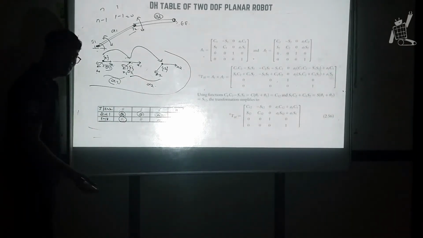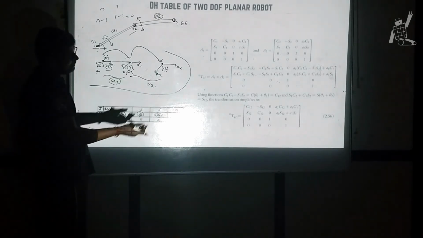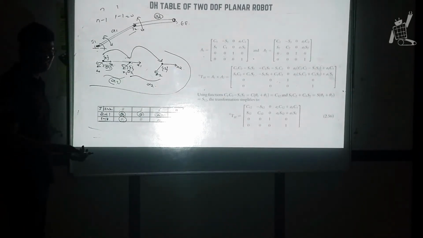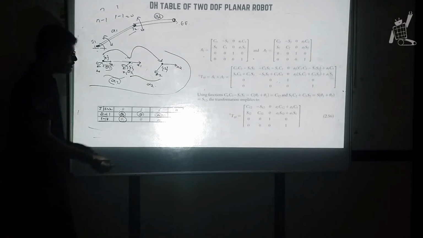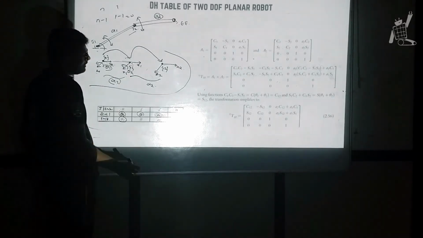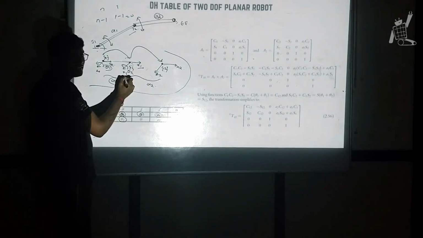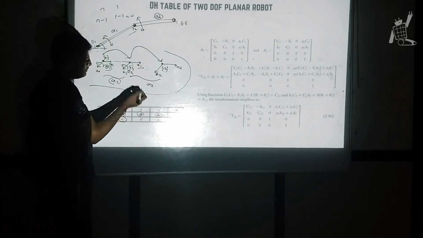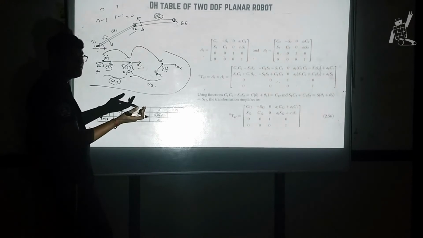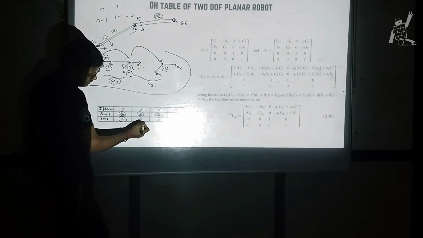So theta 2. Next is the motion along the z-axis. Check whether there is any motion on the z-axis in order to move this frame to here. No, because z1 is here. So there is no motion along the z1 axis, so it will be 0 length.